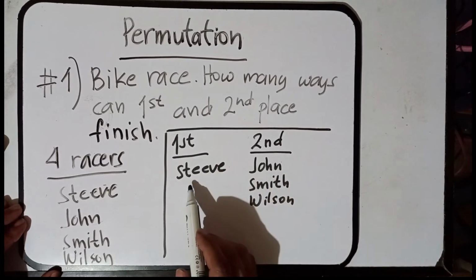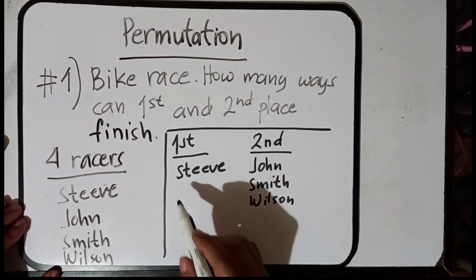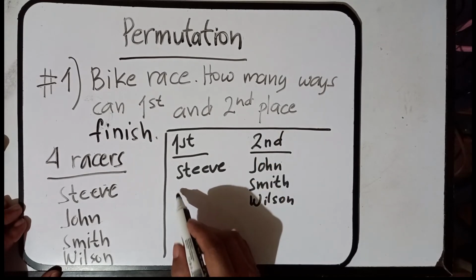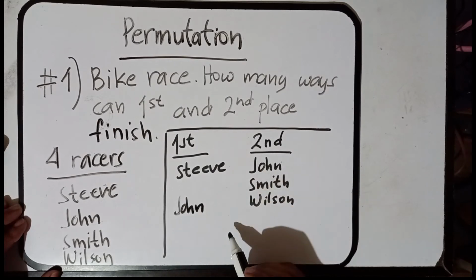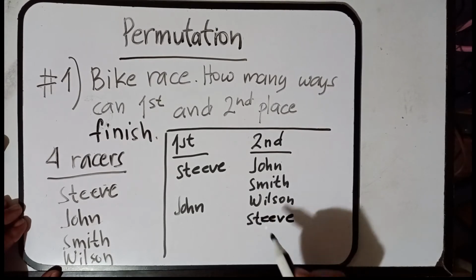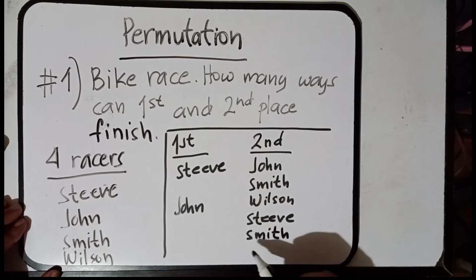What if Steve is not the first placer? Let's say John is the first placer. If John is the first placer, then Steve, Smith, and Wilson can be the second placer, any of them.